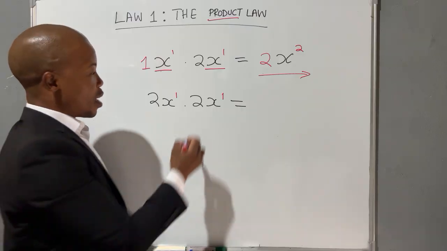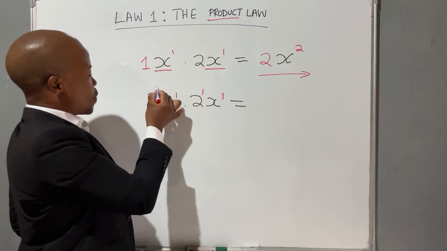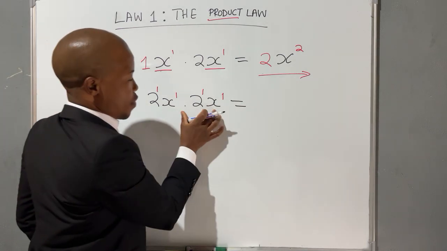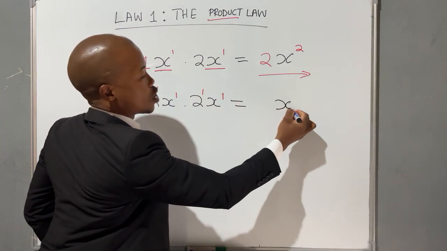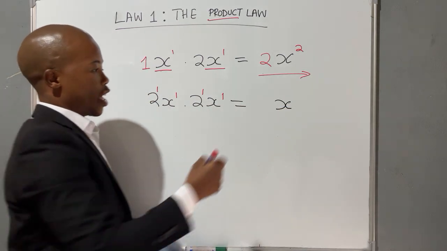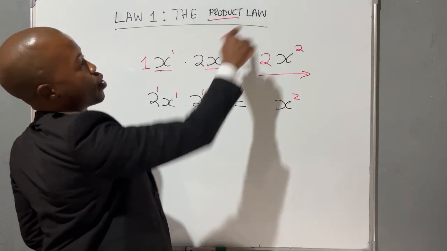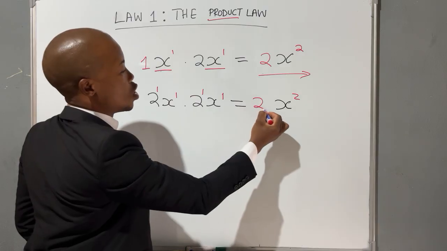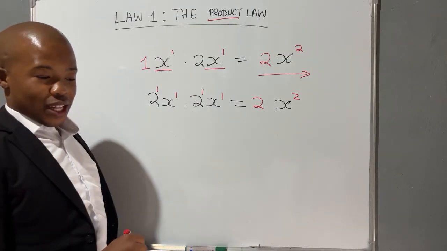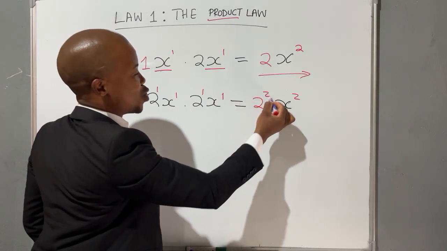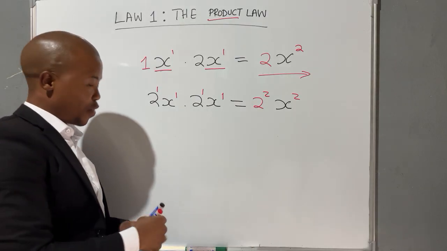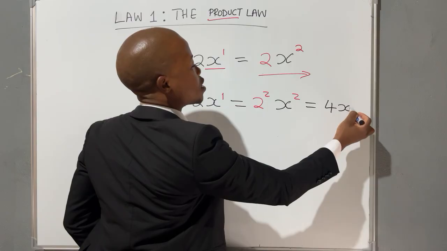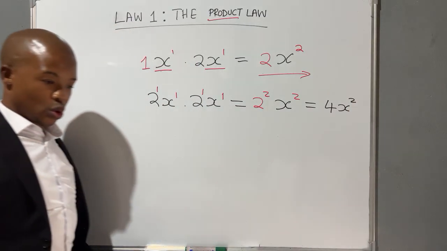With the variables first, we say x to the exponent what? To the exponent 2, according to the product law. And then for this one, you also say 2, and then you add the exponents, which is going to be 2. And then this can be simplified to 4x to the exponent 2.